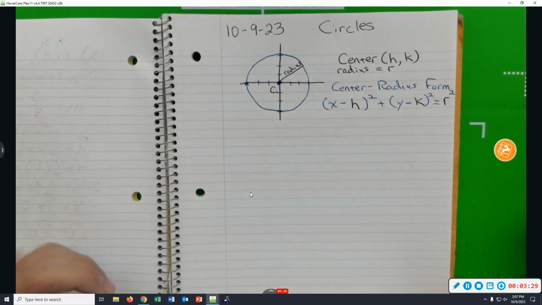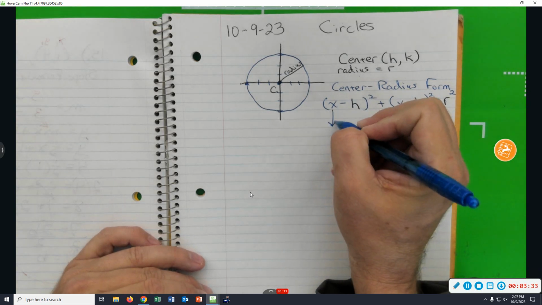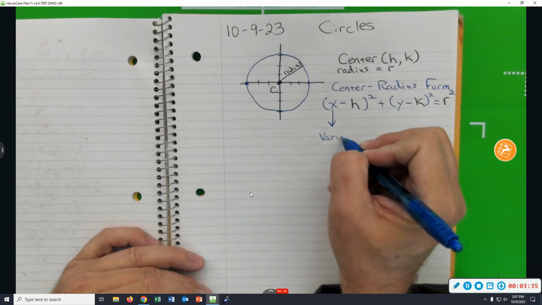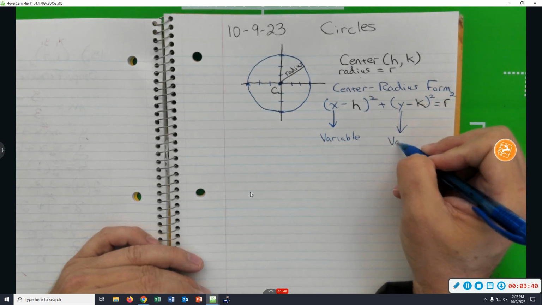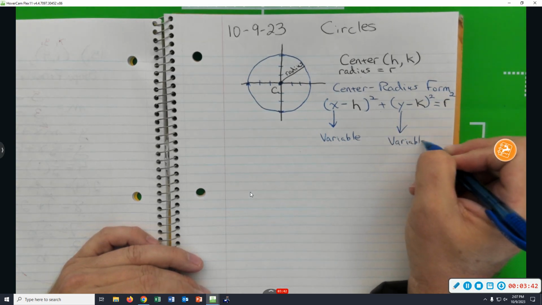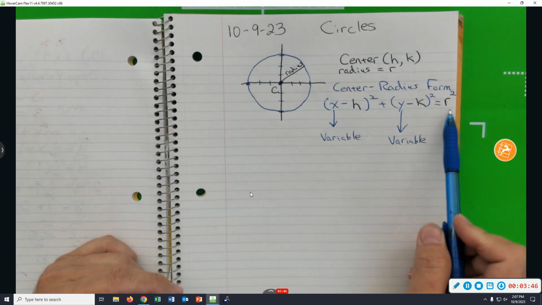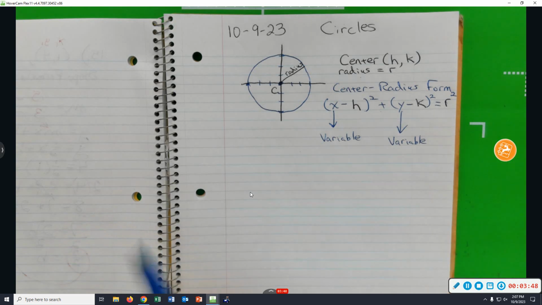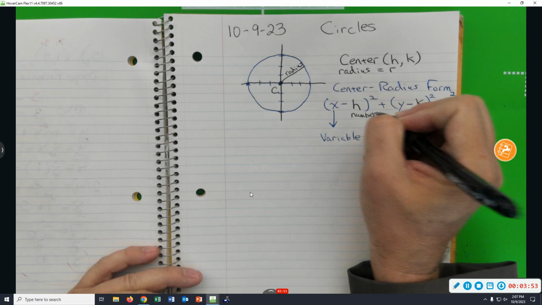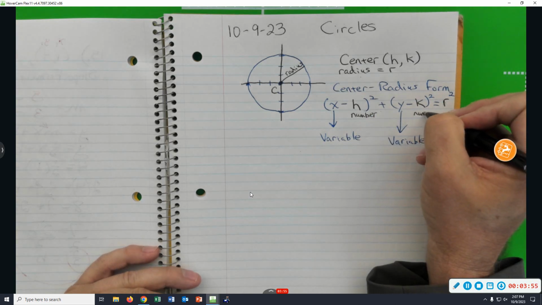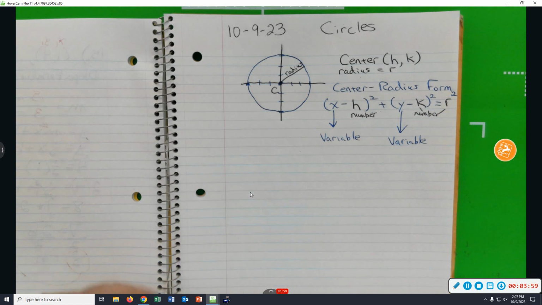That's a lot of letters, but realize x and y are the only things that are variables. That letter x is a variable. This letter y is a variable. All the other letters, h is a number, k is a number, and r is a number.